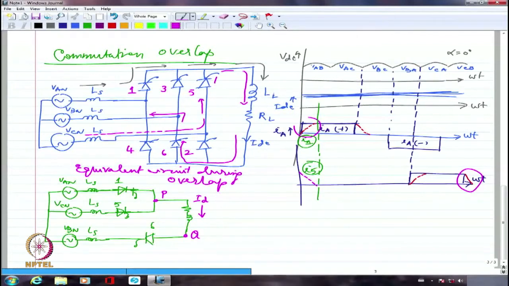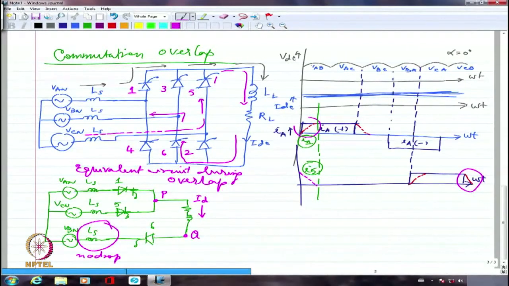If this is ID, there is no variation in ID, so dID by dt equal to 0. If dID by dt is 0, there is no drop in this inductance. L di by dt in this case will be 0 because the return current is a constant current ID. So this does not have any drop.